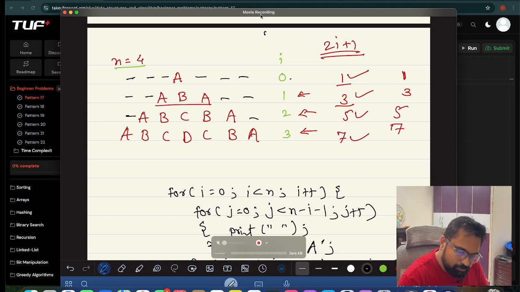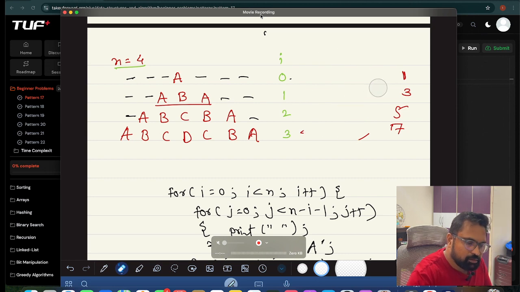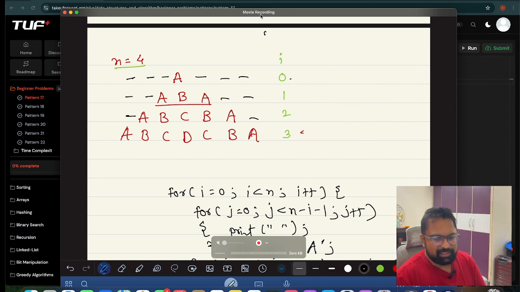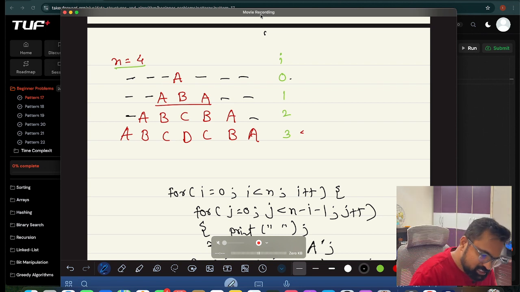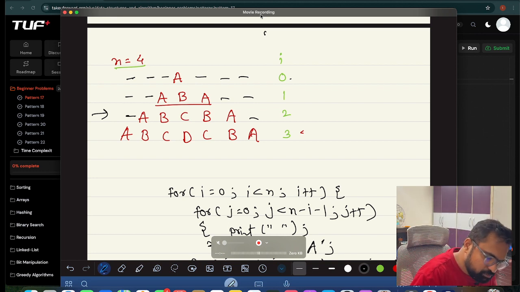Is there any common pattern that we can identify? Let's take these examples. Here we can see one, two, three characters. After three characters, what are we doing? We are decrementing it.